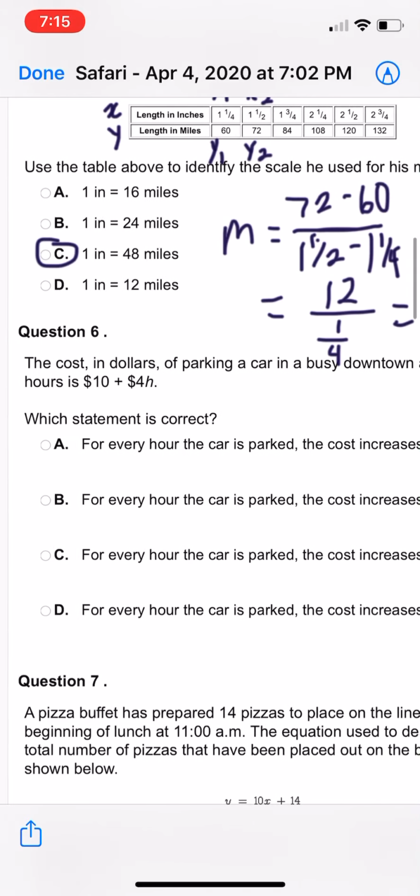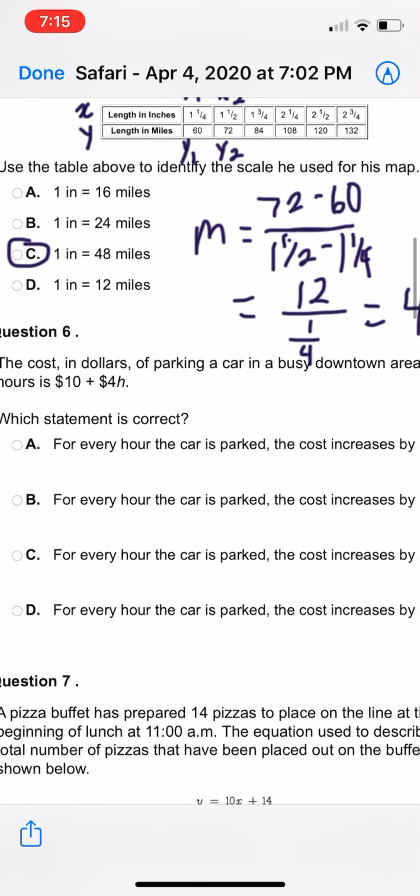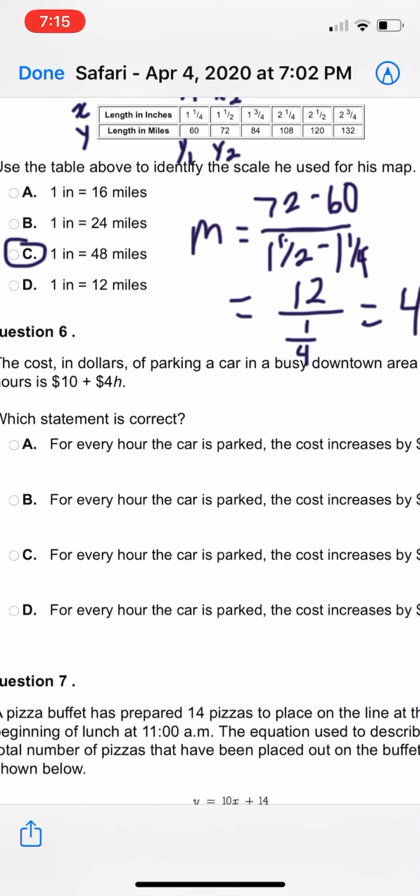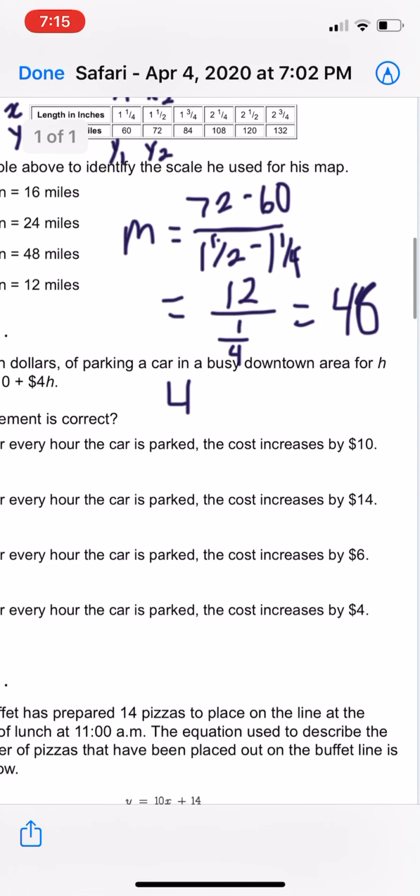Over here, we're looking for which statement is correct. Since we're talking about rate of change, we're talking about the slope. And the slope, when we're given an equation, is the number in front of the variable. The number in front of h is positive 4. If a number is positive, it means that it's increasing.